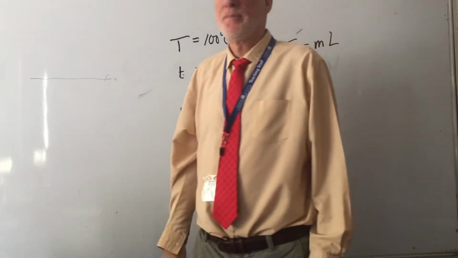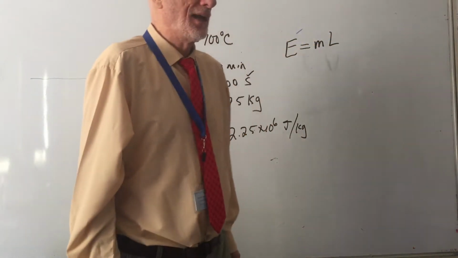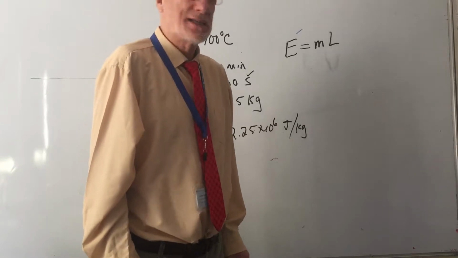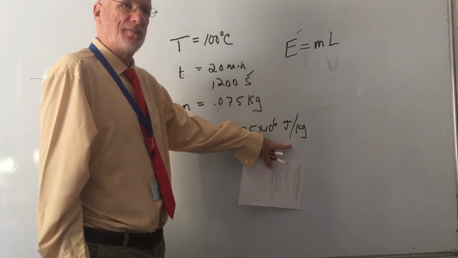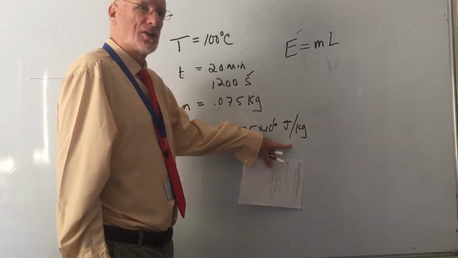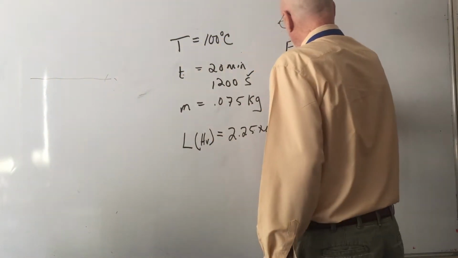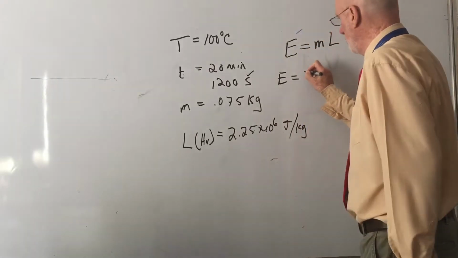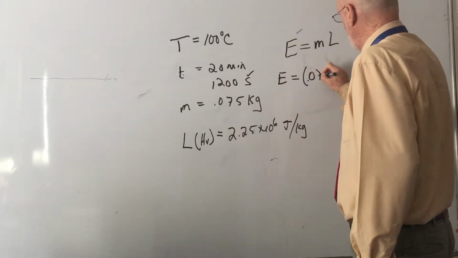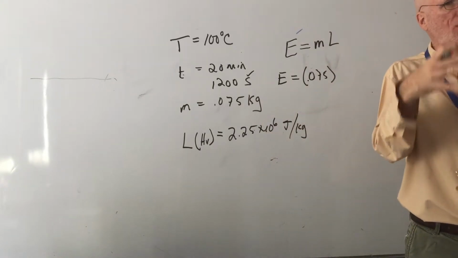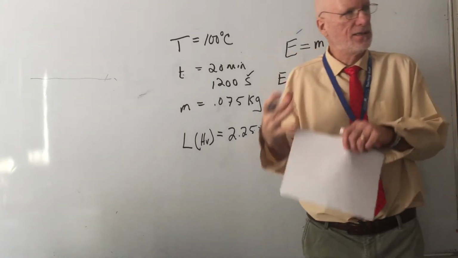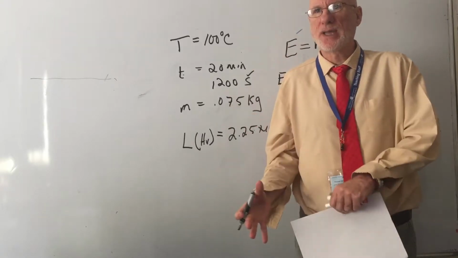Right? Mass times the latent heat of vaporization. In this case, 2.25 times 10 to the 6 joules per kilogram, correct? So the energy is going to be equal to 0.075. You can leave off the unit labels now because everything is in SI units, everything will cancel.